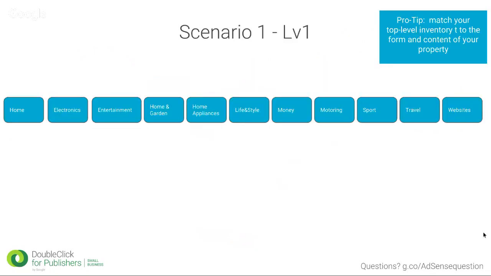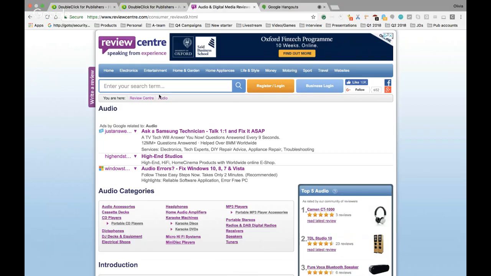So our best practice here is definitely that your top level of inventory structure should match the form and content of your site or app. As we can see in an example here called the Review Center, which should be appearing on your screen shortly, we have a navigation bar at the top with various different content sections.